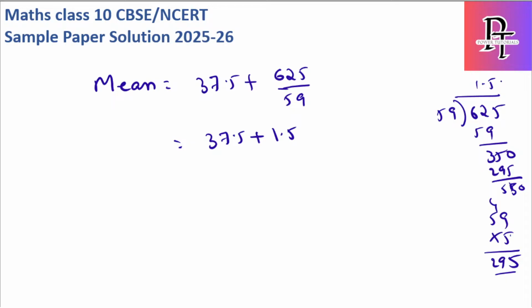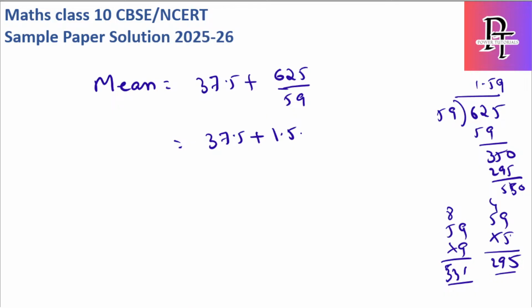So 59 nines I have to do, because 59 tens is 590. So 59 nines, 9 nines are 81, 9 fives are 45, 45 plus 8, 53.